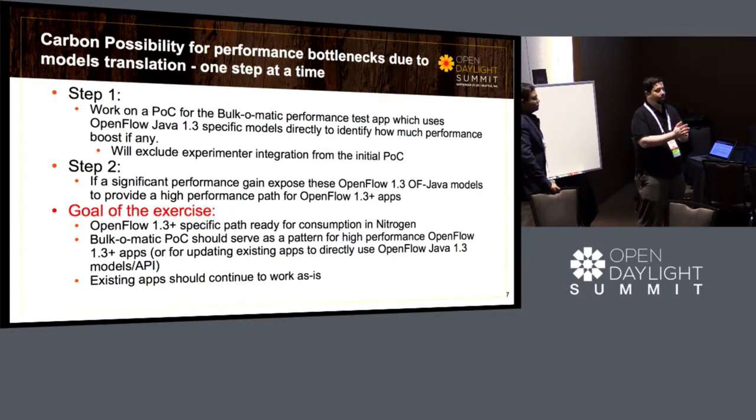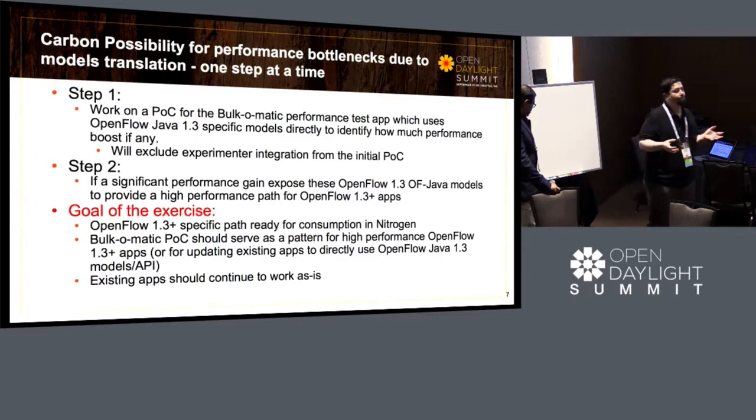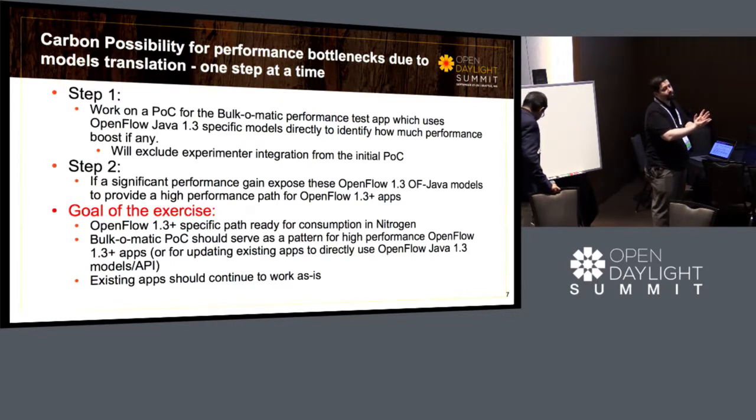But OpenFlow 1.4 and 1.5 are more similar. There's not much of a difference, and you don't have a complete rewrite of the protocol, which makes it easier for us going forward to make this a single path. So additions will be a superset rather than a completely different path.